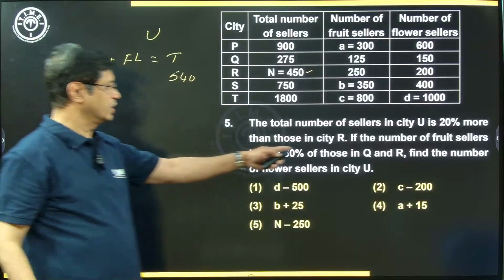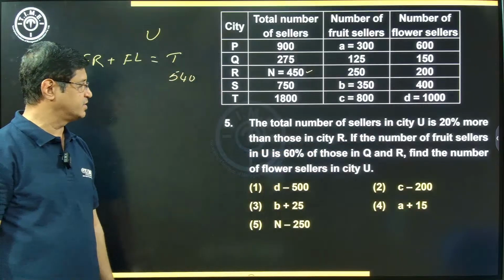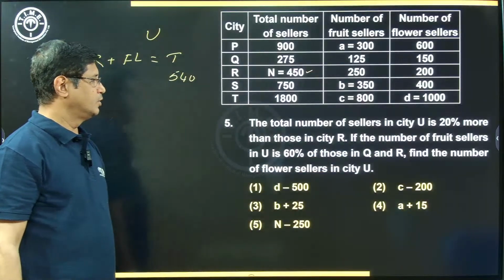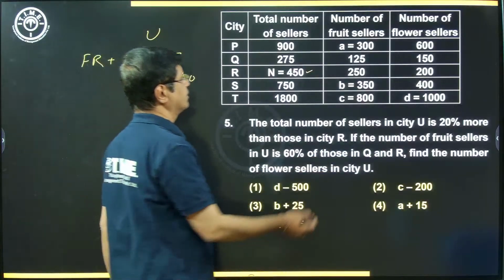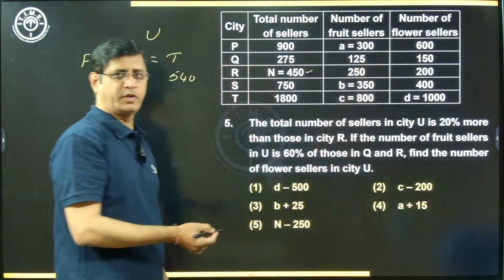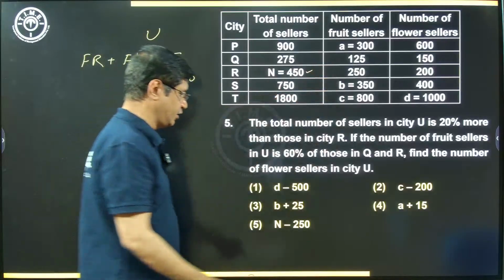Now, let's continue the question here. If the number of fruit sellers in U is 60% of those in Q and R together. Fruit sellers, Q and R. Fruit sellers in Q and R means 125 plus 250. 125 plus 250, that is 375.